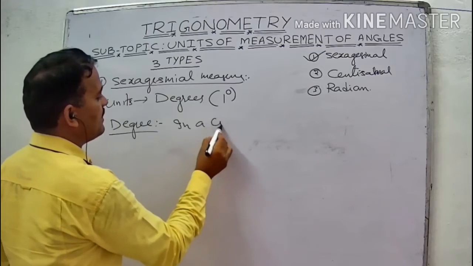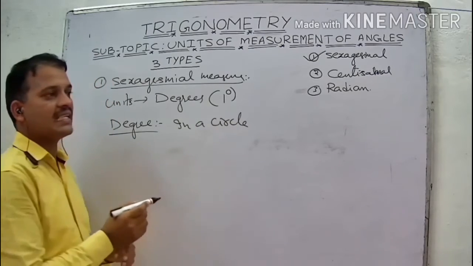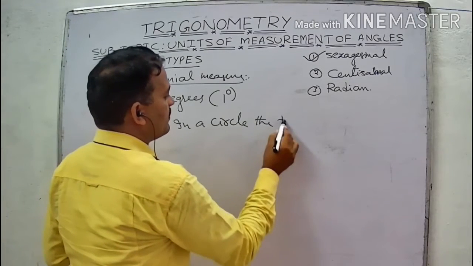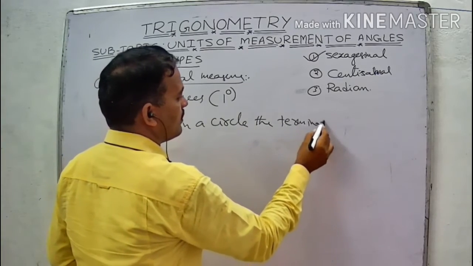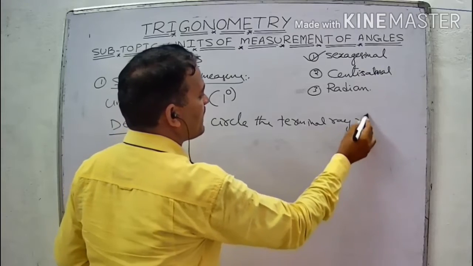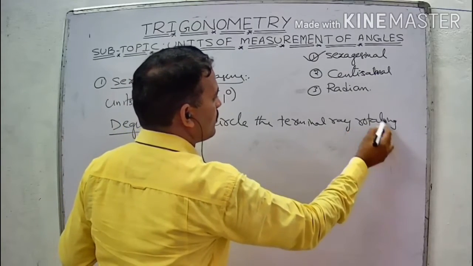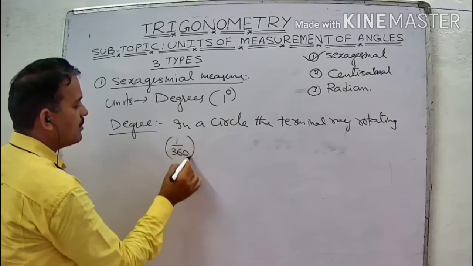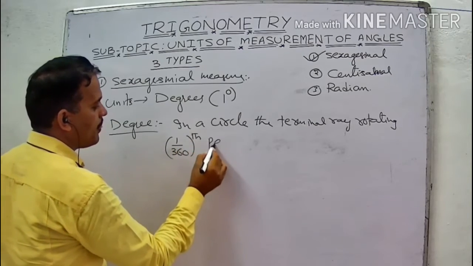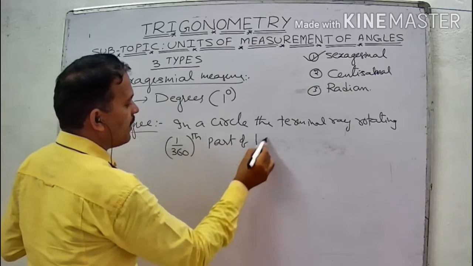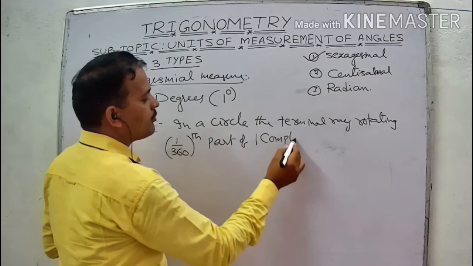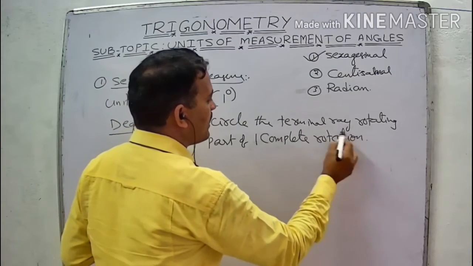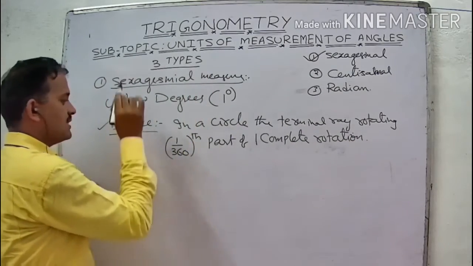In a circle, the terminal ray rotating 1 by 360th part of one complete rotation is called a degree, my dear friends.